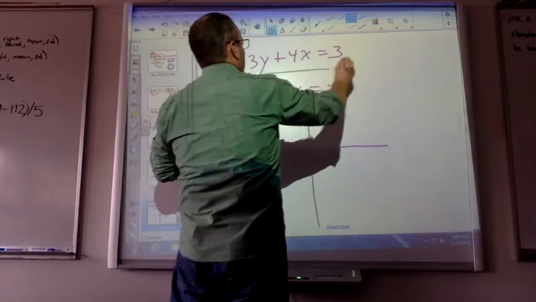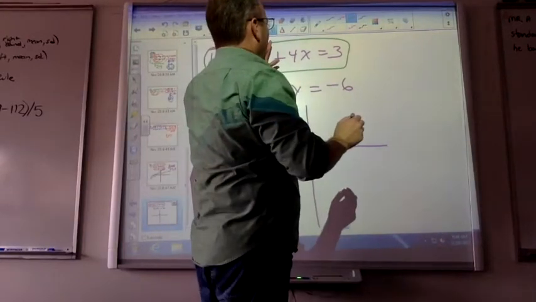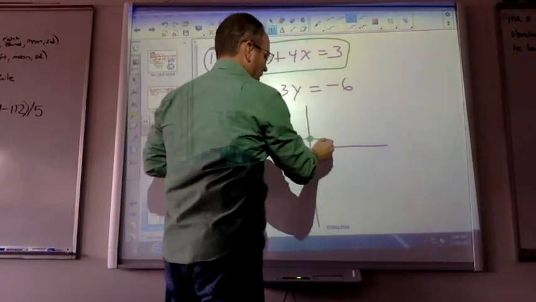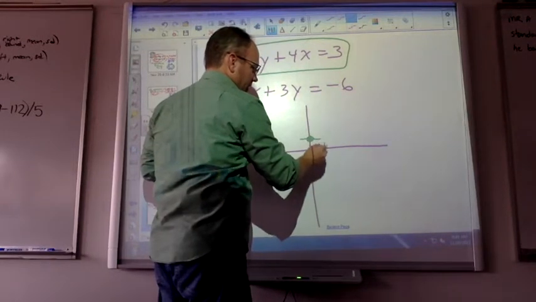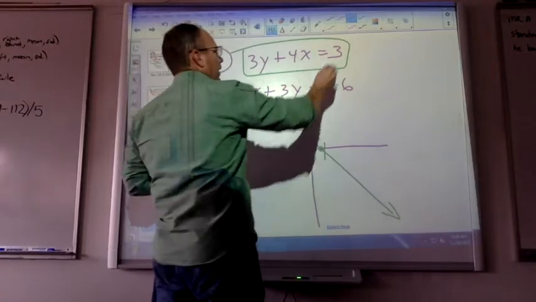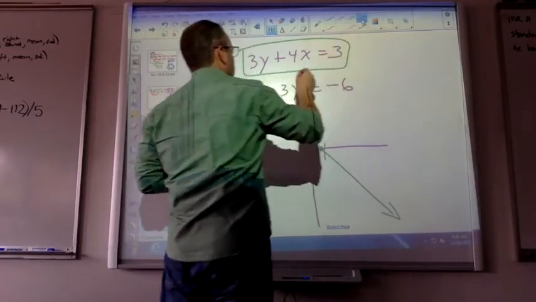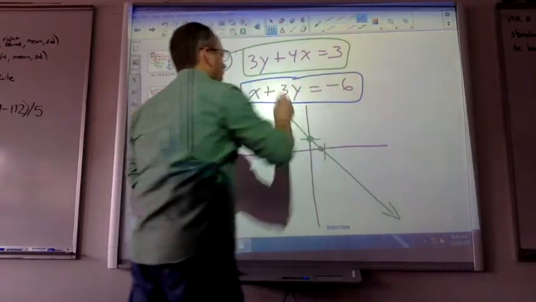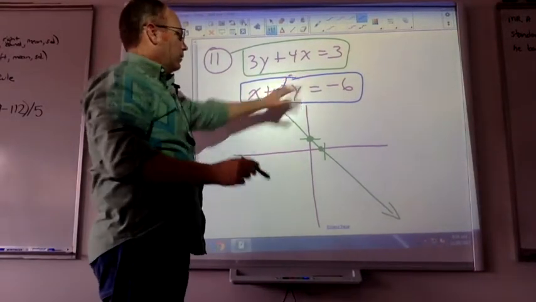I'll do this one in green. And then x equals 3/4. So that's like here. That's the first equation. All right, second equation, we'll do blue. If I cover that, x equals negative 6.